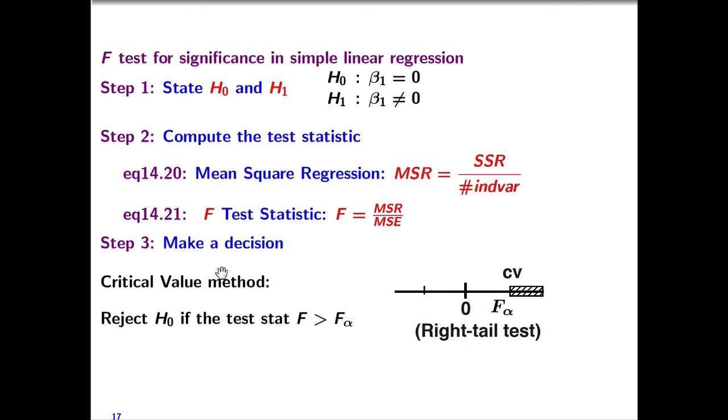Now, for the F-test, we use the critical value method to make a decision, and we have a right-tailed test. So we reject H0 if the test statistic F is greater than or equal to F alpha, and this F alpha is the critical value, and it's a right-tailed test.